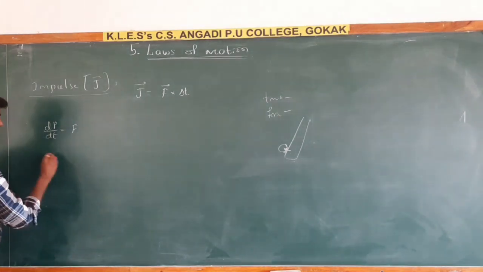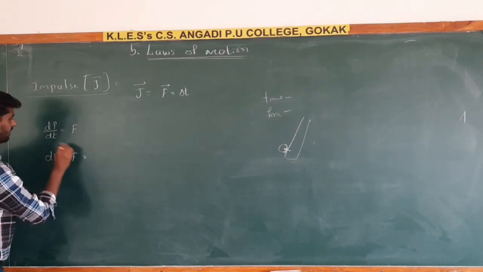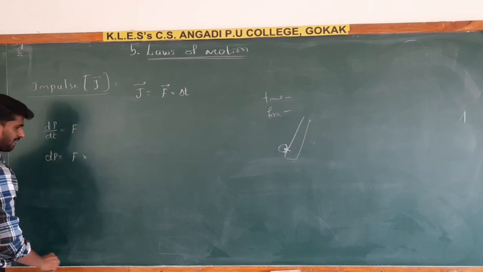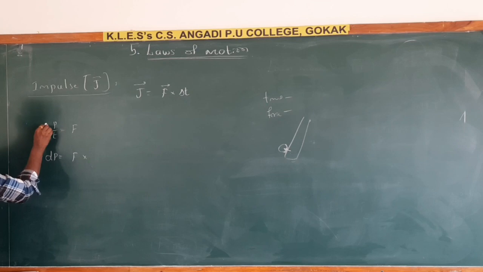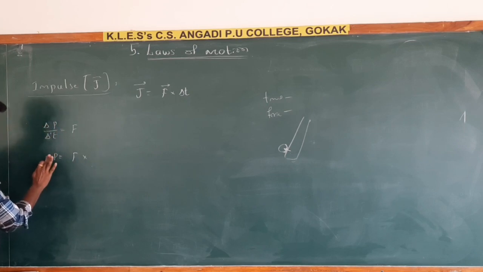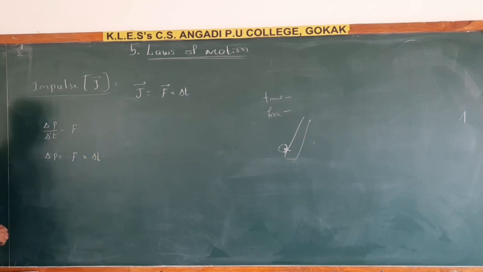Then dp is equal to f into dt, or we will write delta p by delta t. This is change in linear momentum divided by change in time is equal to force. So then delta p is equal to f into delta t.